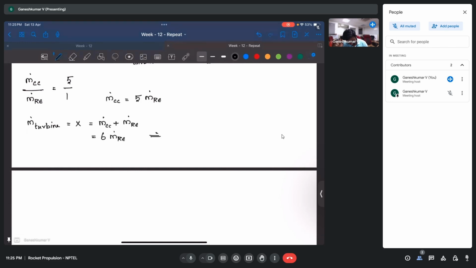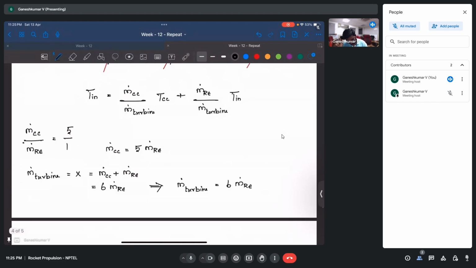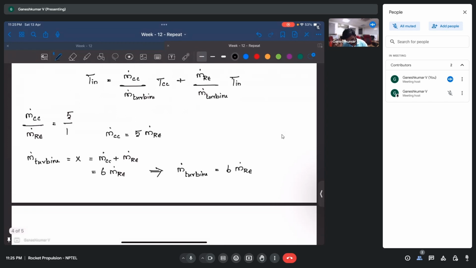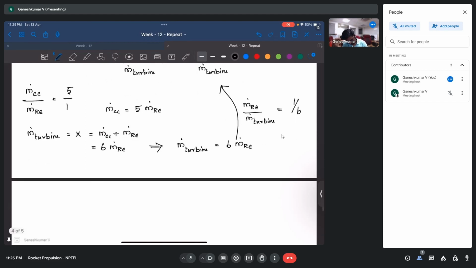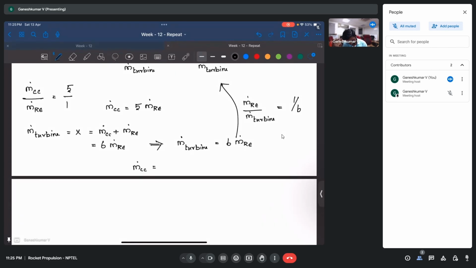So this is giving us m dot turbine is equal to 6 times m dot re, which means m dot re by m dot turbine is equal to 1/6. Similarly, m dot cc is nothing but 5 times m dot re, which is 5/6 times m dot turbine.